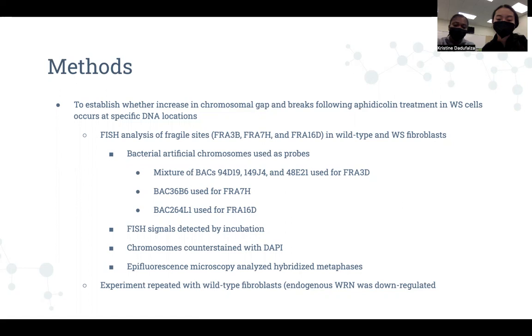FISH signals were detected by incubation with anti-digoxigenin rhodamine Fab fragments. Chromosomes were counterstained with DAPI. Hybridized metaphases were analyzed with epifluorescence microscopy. The researchers conducted the same experiment again in wild-type fibroblasts where endogenous WRN was reduced.